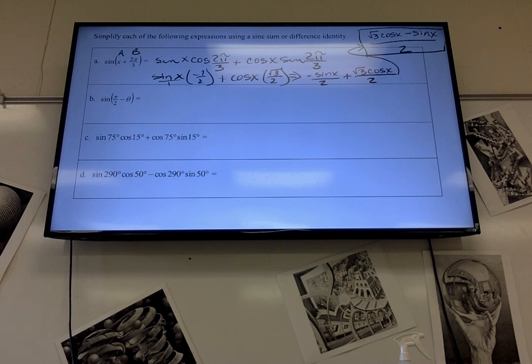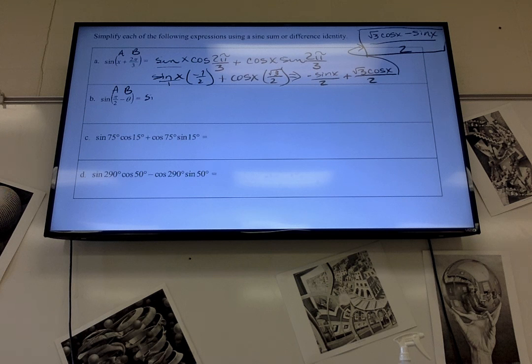Okay, the next one is subtraction. So this is A and B. So let's see, Cameron, tell me what it is. Like how I would rewrite it using the formula.